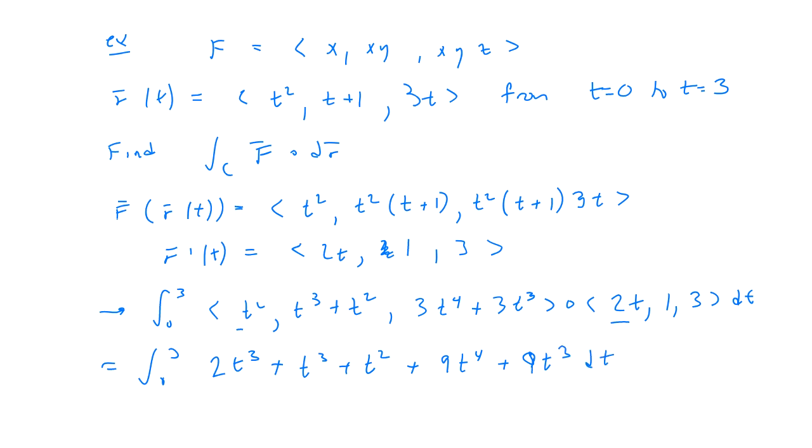You can see I just get an integral with one variable. I can combine them, so I have 2t and 1 and 9, so 12t cubed. I'm not doing this in order, but I guess that's okay.